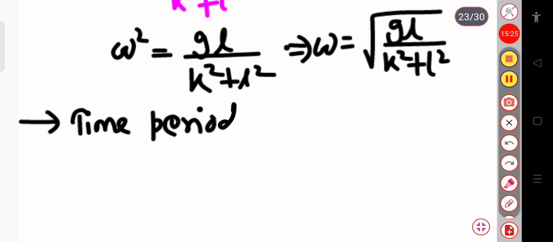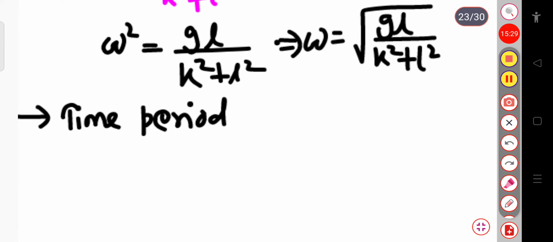Since we have considered the kinetic energy as T, here let me write the time period as suppose tau.